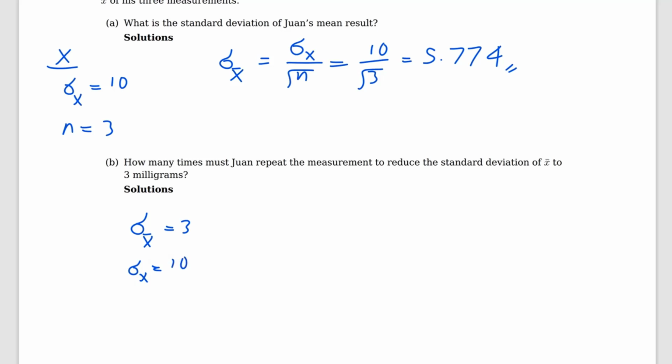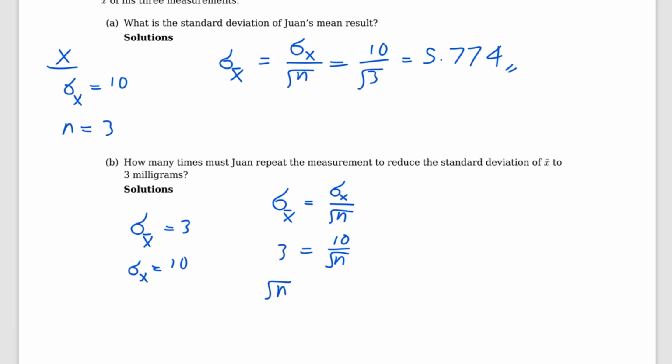Now how do we find n? Standard deviation of the mean sigma x bar equals sigma x over root n. So sigma x bar is 3, sigma x is 10, n is unknown. We have only one unknown, so we can find this n.